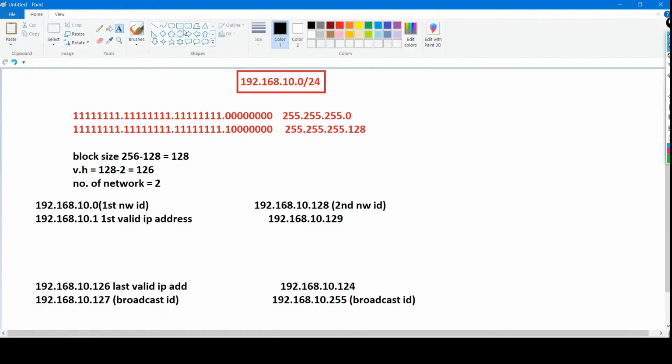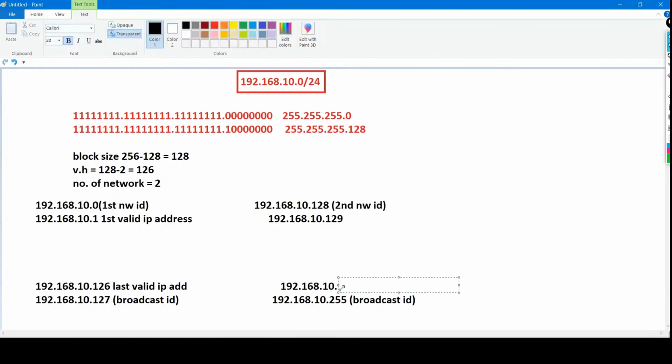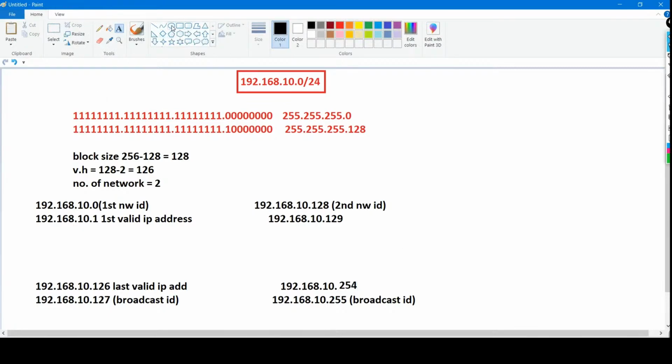Yes, it will be 254. Is it clear to everyone? Clear, Kuldeep? Yes, clear.